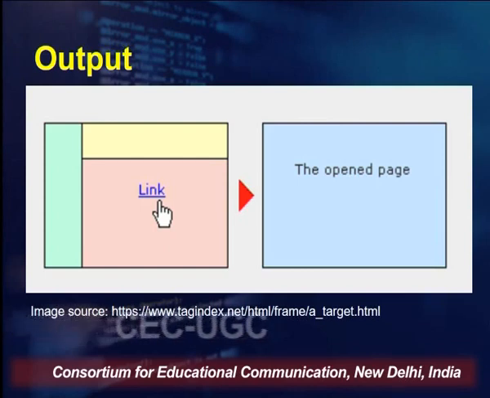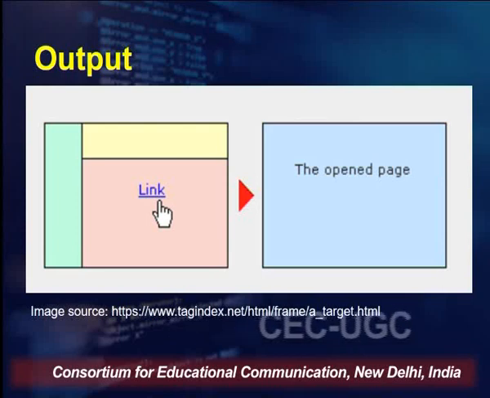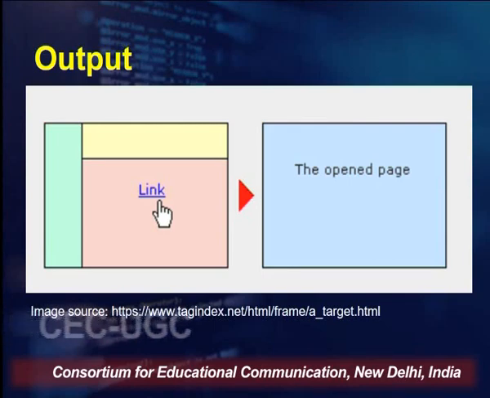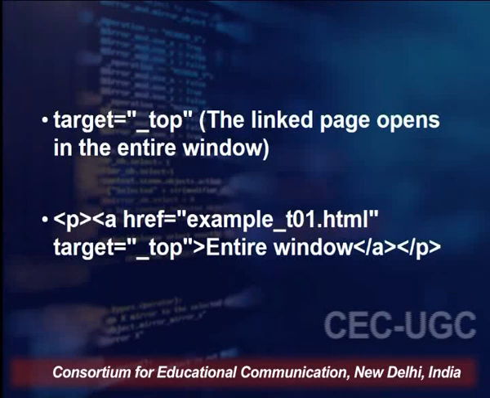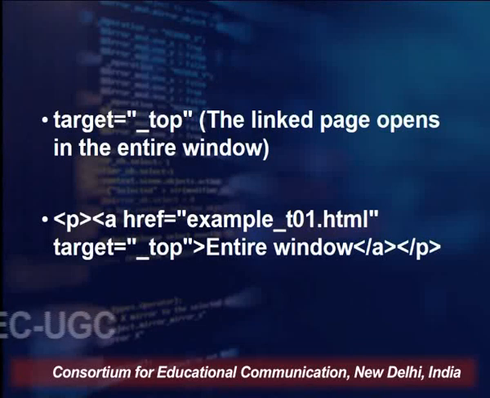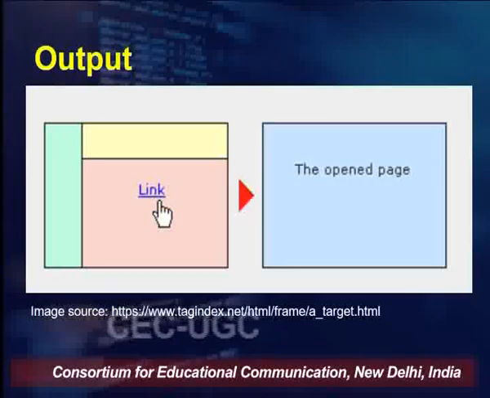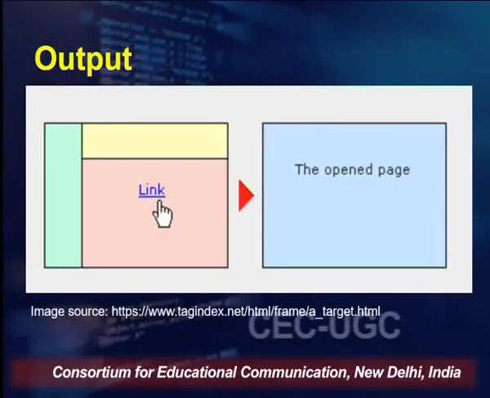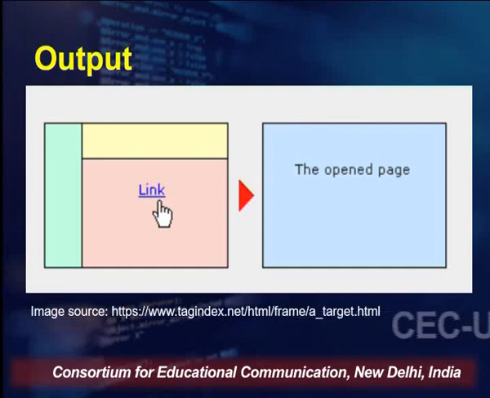This gives me the opened page, and that page covers the top frame as well as the left frame, because the target of the link is defined as _top, and _top means the linked page will open in the entire window. Here you can see that it is taking the entire window.